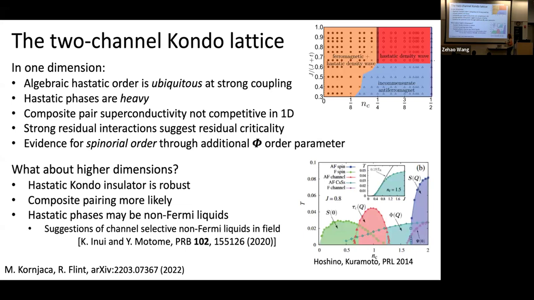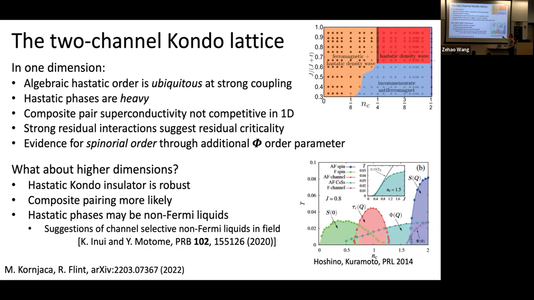So what we know about higher dimensions, we have these DMFT results, which do show composite pairing. Notice they show antiferrohastatic order here, around here. So it suggests that if you're near a quarter filling, you expect this antiferrohastatic order to survive. I mean, if it's there in one dimension, it's there in infinite dimensions.